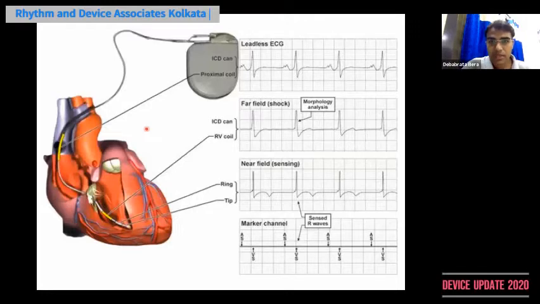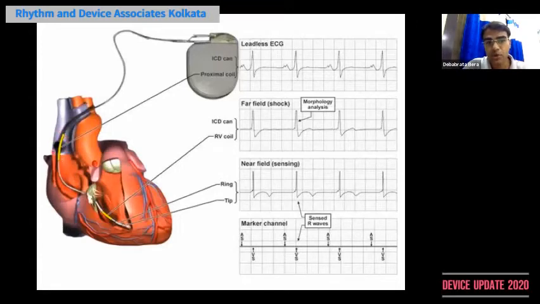In contrast, far field is something like a unipolar electrogram. From the CAN to the coil, it looks at the heart's electrogram as a whole, like a bird's eye view. So when you look at the far field electrogram, you see something like an ECG. This is called leadless ECG. This is available only in devices where you have the SVC coil.